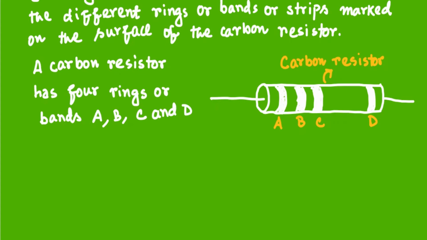A carbon resistor has four rings or bands A, B, C, and D of different colors.